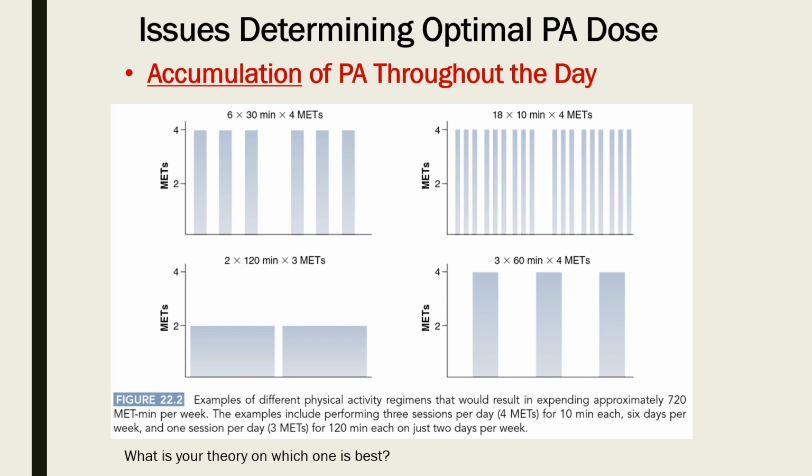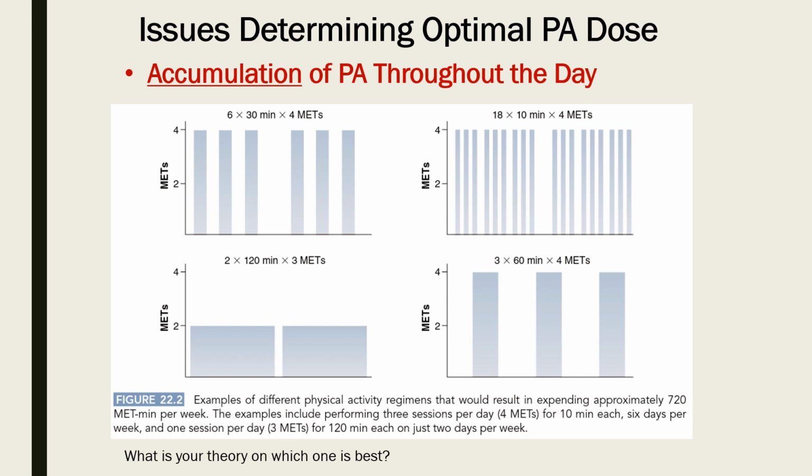A more intermittent pattern could involve 18 sessions per week, each 10 minutes long at 4 METs. Finally, there's the option of 3 sessions per week, each lasting 1 hour at 4 METs. If the health benefits are similar across these patterns, this variety allows for flexibility in how individuals can achieve an adequate volume of activity to maintain or improve their health.